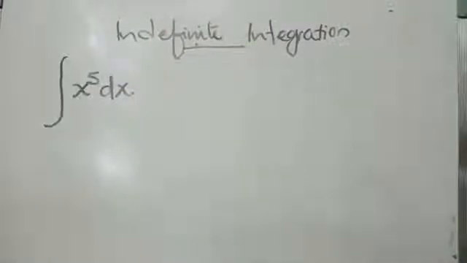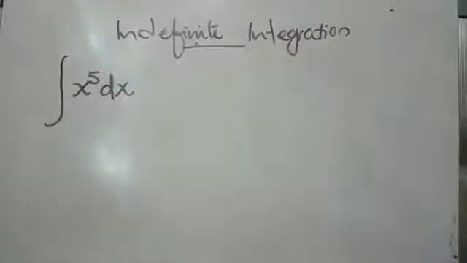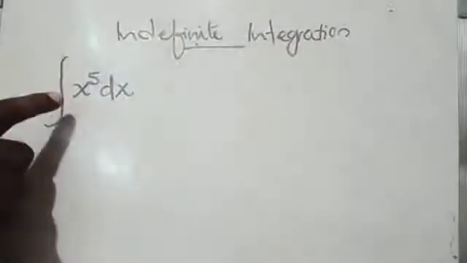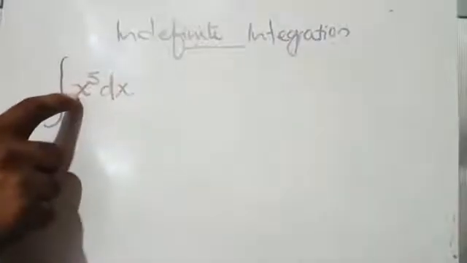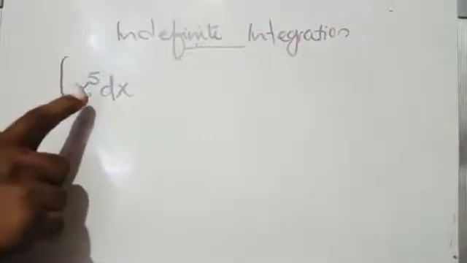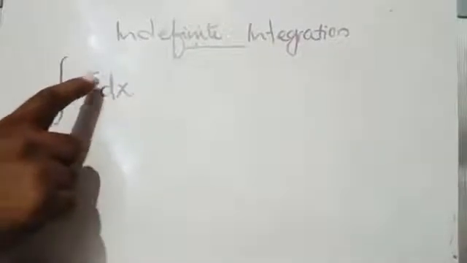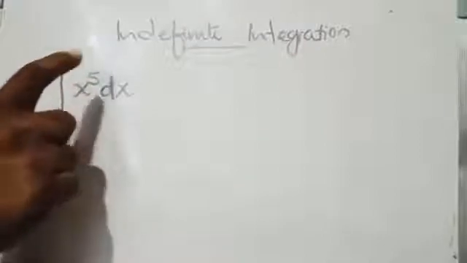For example, integral x raised to 5 dx is called the indefinite integral of x raised to 5 with respect to x. This integration is to be done with respect to x, because our term is x raised to 5.